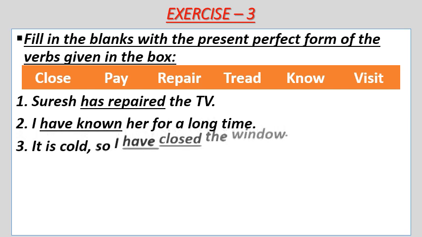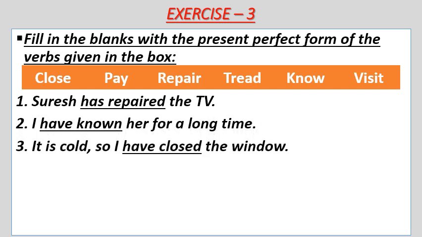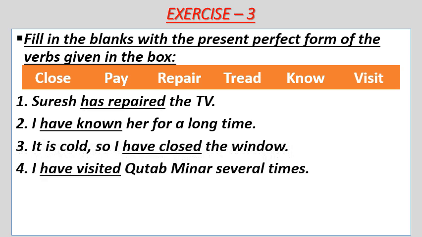Number 3. It is cold, so I dash the window. Answer is have closed. It is used for past action when we think of their effect in the present. Number 4. I dash Qutub Minar several times. Answer is have visited. It is used to express indefinite action that happened in a period leading up to the present time.